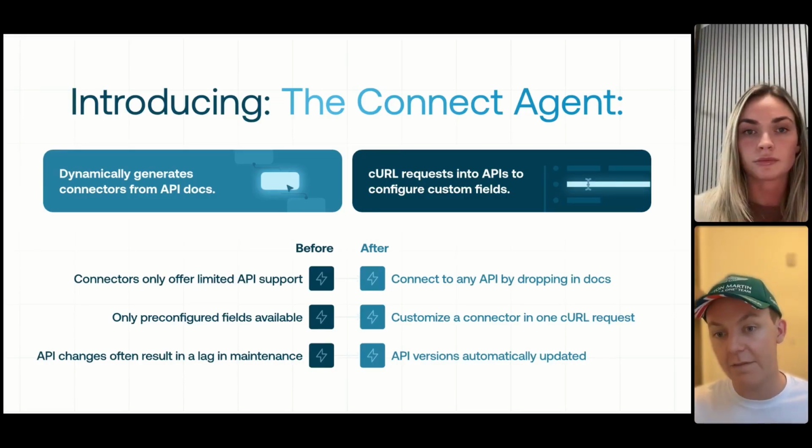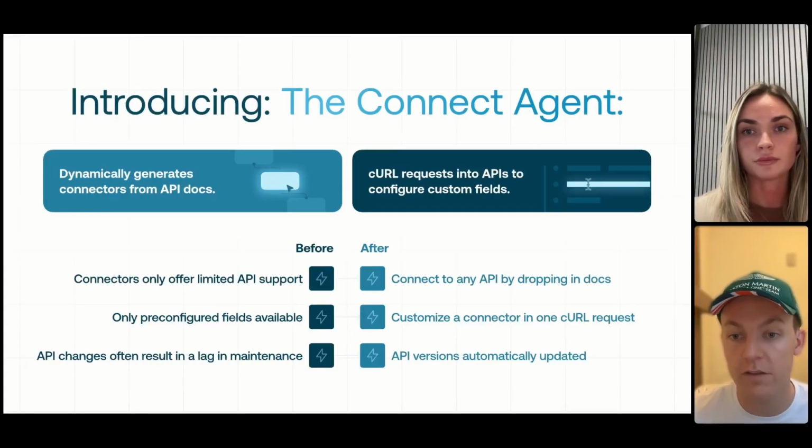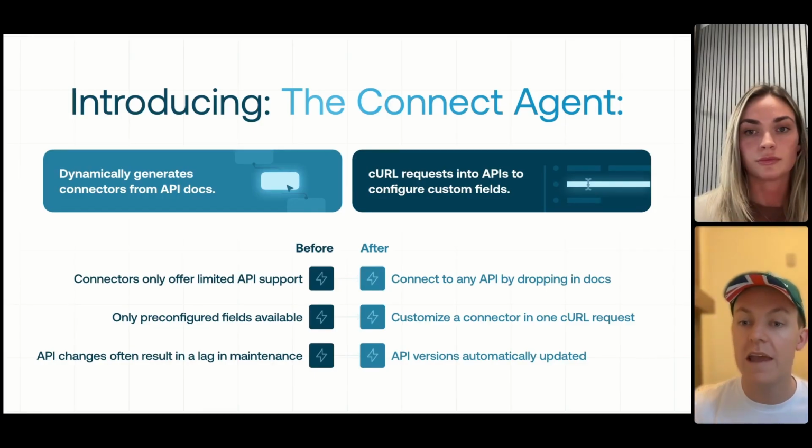The second piece is, once the Connect agent has turned that documentation into a connector, we can add credentials, curl request up into the system, and pull down any custom fields, custom requirements, objects, business logic that was not in the documentation.